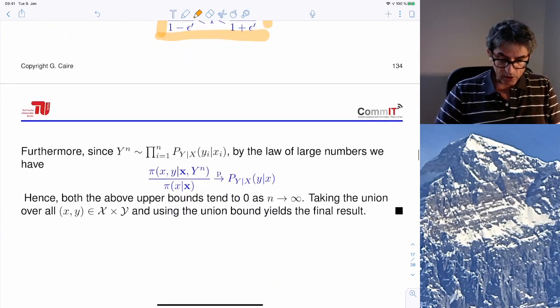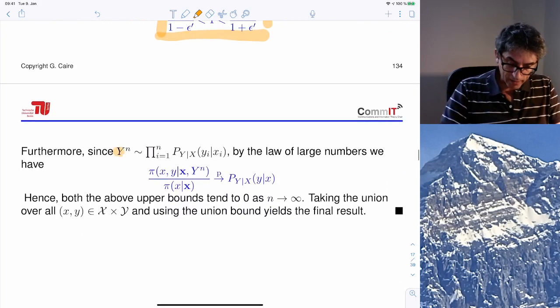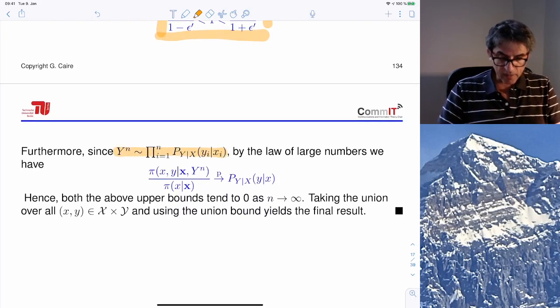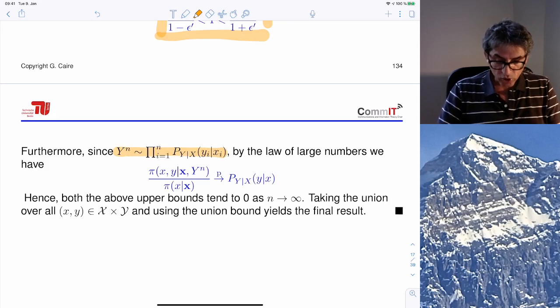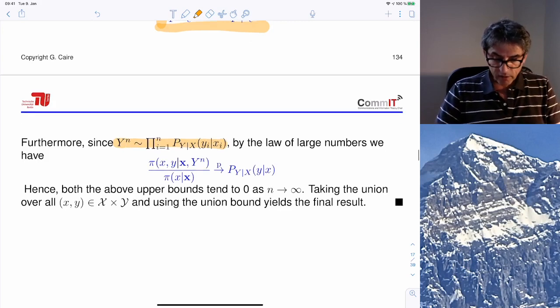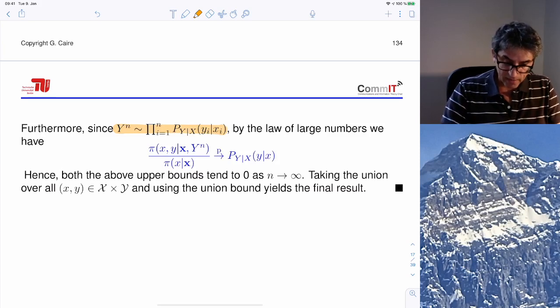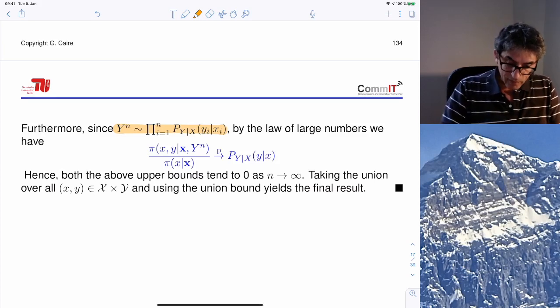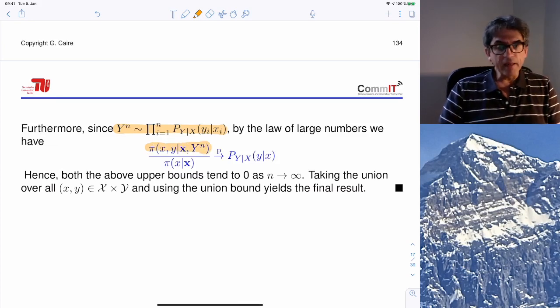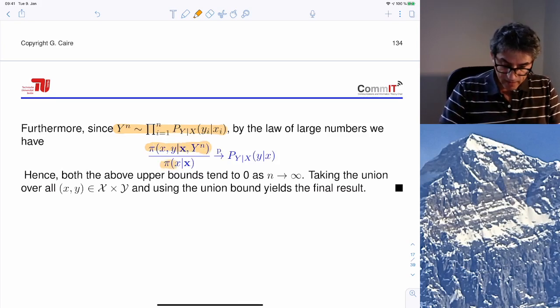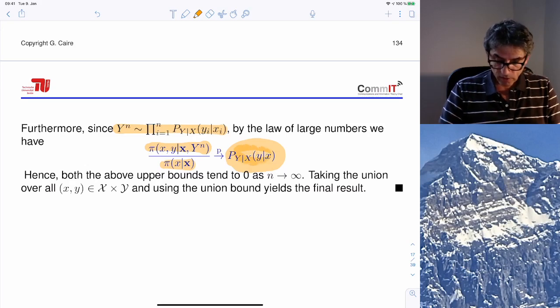But in addition, since y is generated according to this conditional distribution, it turns out that by the law of large numbers, the ratio of the joint empirical probability and the individual empirical probability tends in probability, so it converges to the conditional distribution, okay?